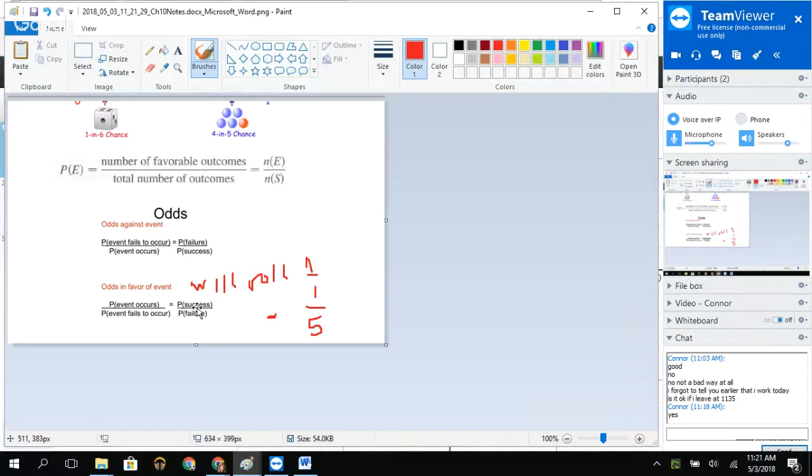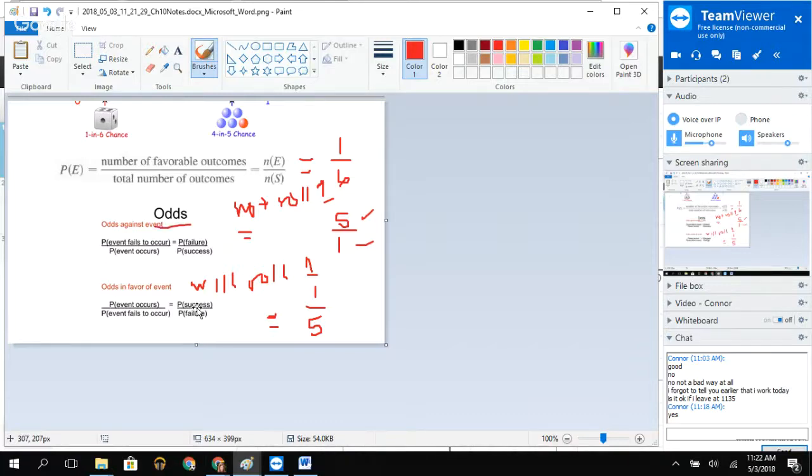The probability of rolling a 1 is 1 out of 6. The odds that I will roll a 1 are 1 out of 5. The odds that I will not roll a 1 are 5 out of 1, because there's 5 chances that I'll fail and 1 chance that I'll succeed.